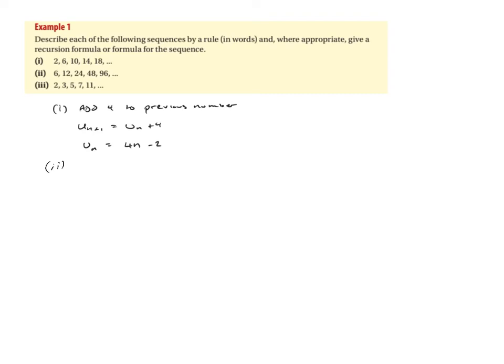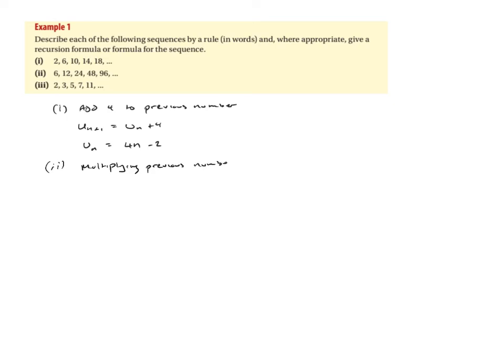The second one, you can see here that to get from 6 to 12 we can add 6, but then if we add 6 that doesn't work because 12 plus 6 is not equal to 24. I'm sure you've already spotted that what we're doing is multiplying the previous number by 2.